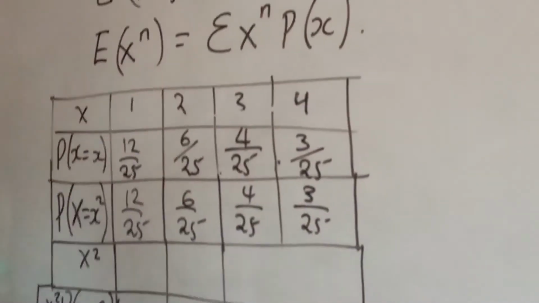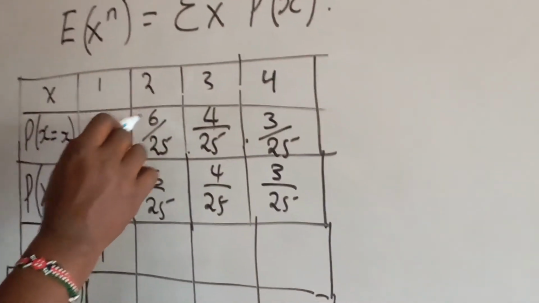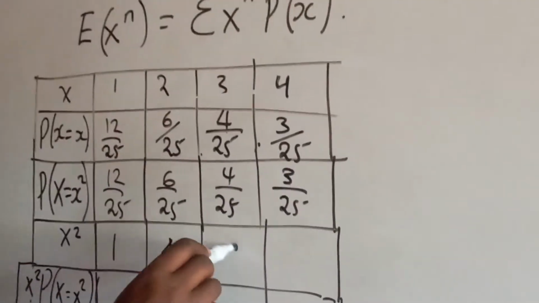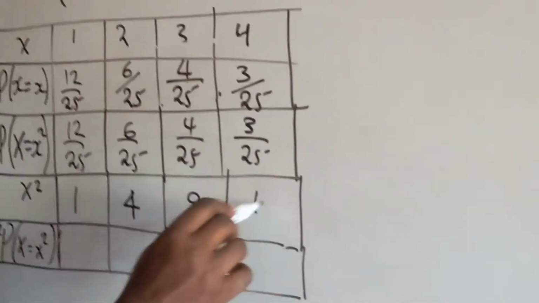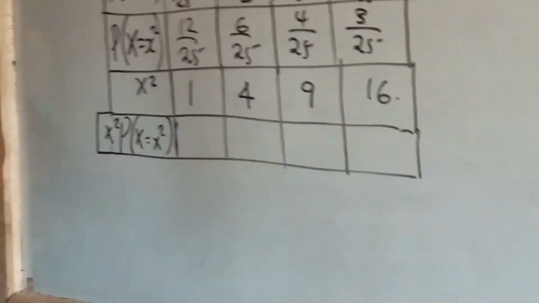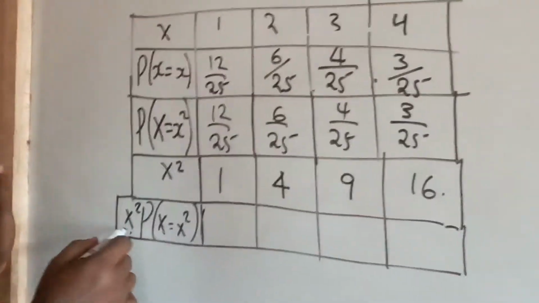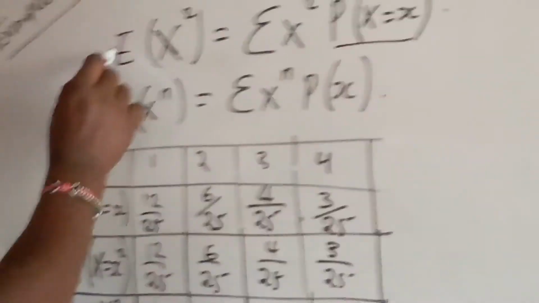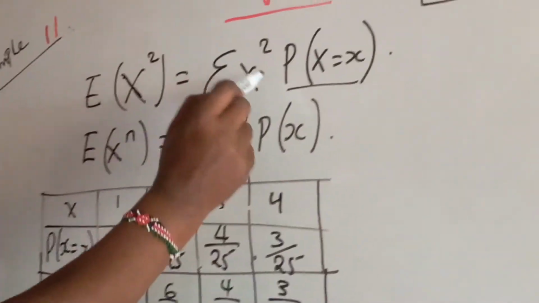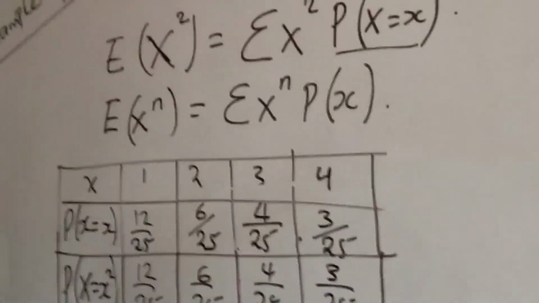When x is 1, then the square is 1. When x is 2, then the square is 4. When x is 3, the square is 9, and likewise. Now we have a new column of x squared, because we have been told the expected value of x squared is sigma x squared times the probability of each and every individual in that particular column.